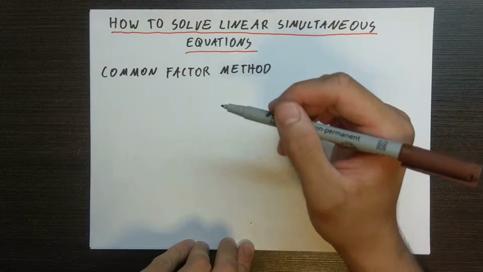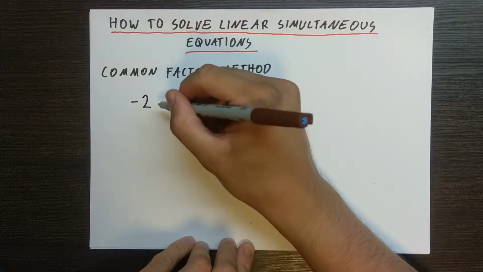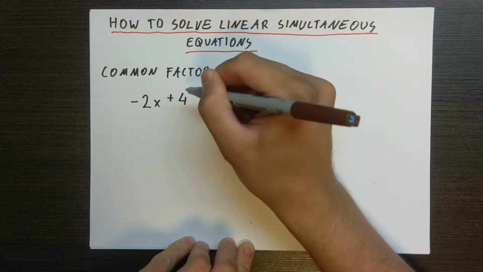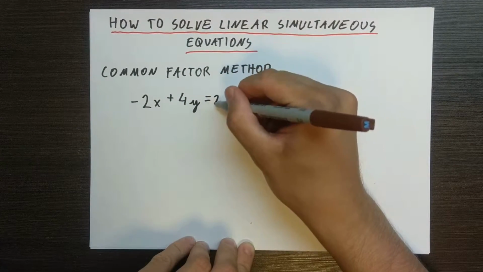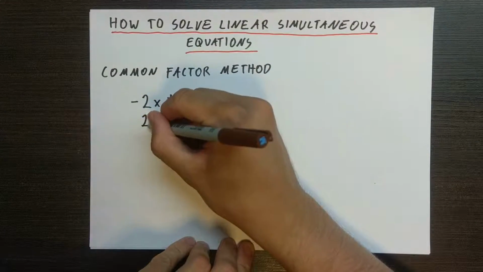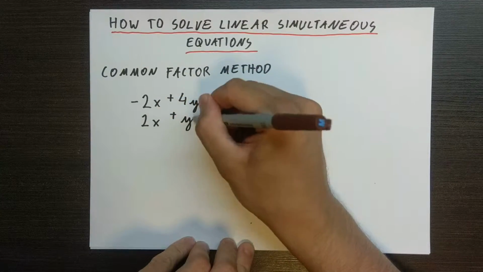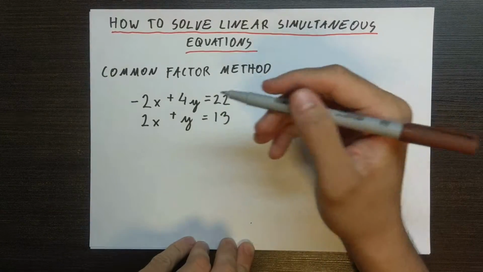So let's start with an example like this. Minus 2x plus 4y equals 22, and its simultaneous equation will be 2x plus y, which equals 13. Now, how do we solve this?